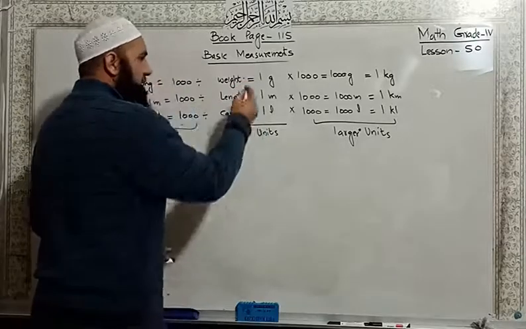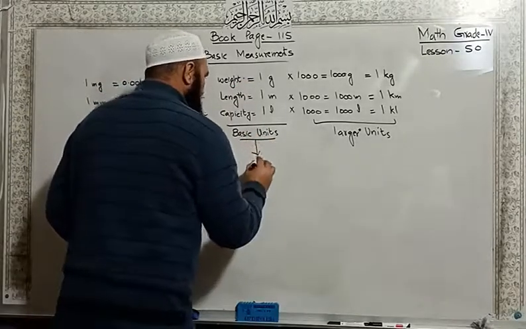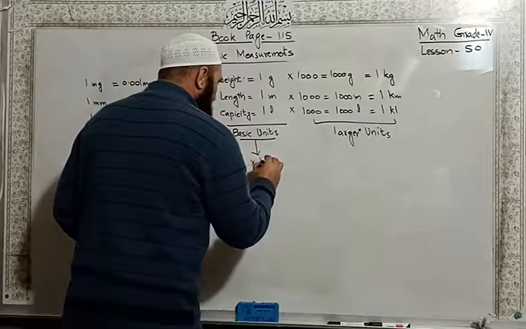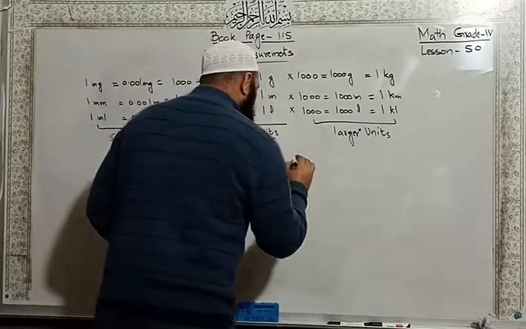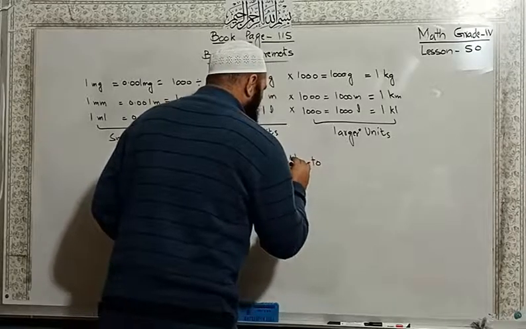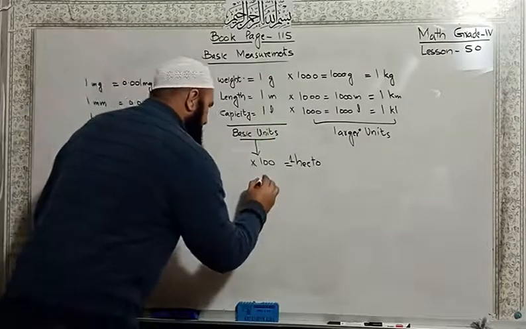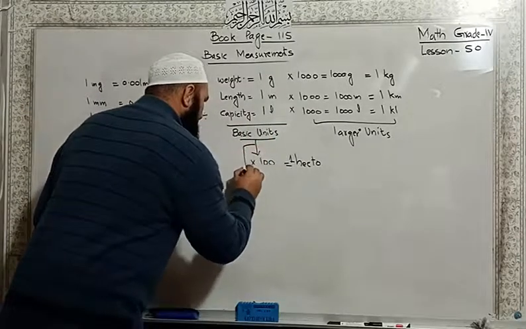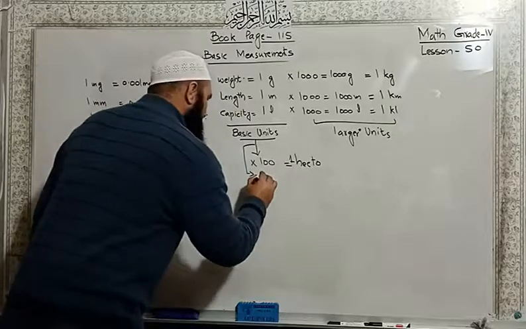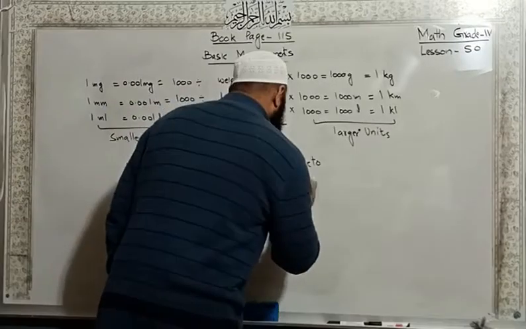If we multiply all the basic units by 100, this becomes hecto. If we multiply all these basic units by 10, this will become deca.